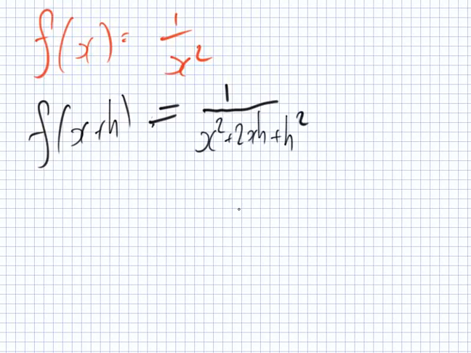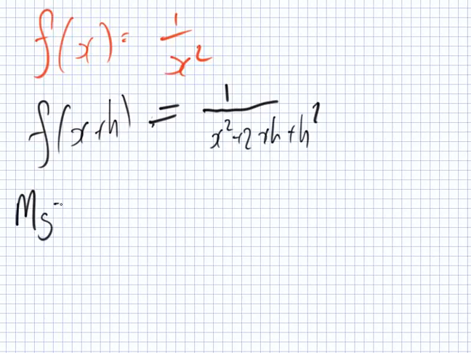Just because I skip one little step. (x plus h) squared, which is x squared plus 2xh plus h squared. Alright, now I use my formula.